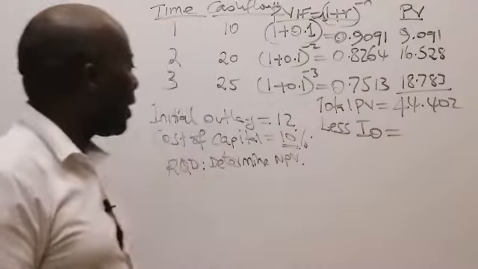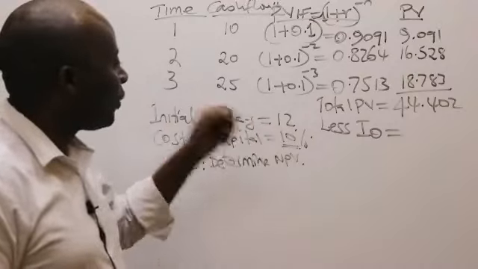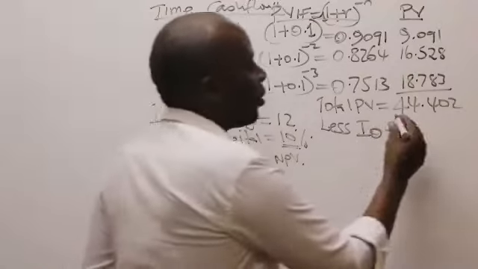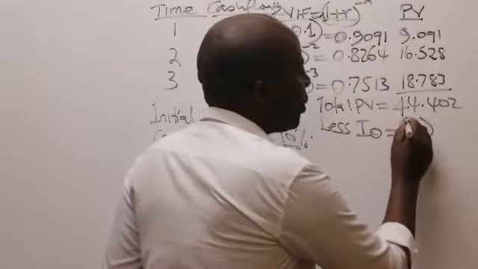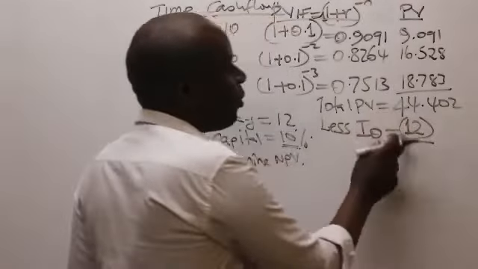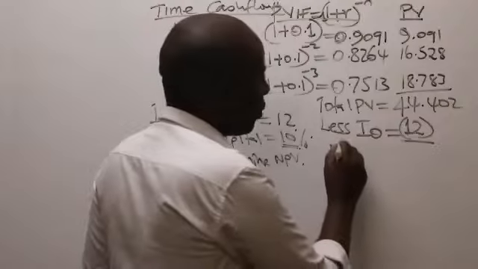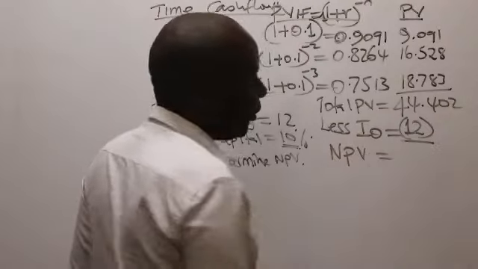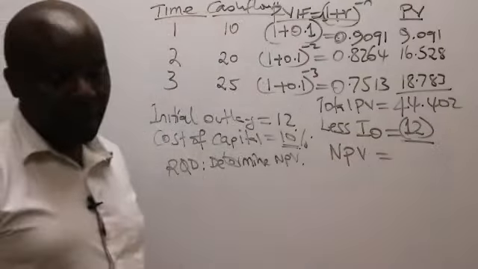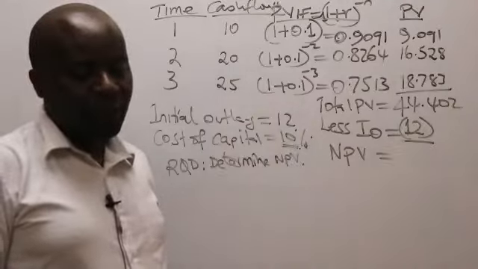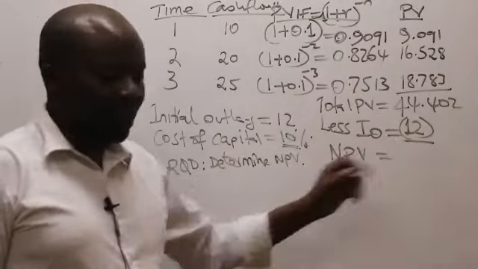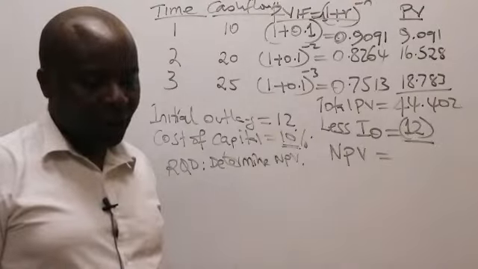The cost of the project is 12. So please go ahead and deduct this. So 44 minus 12 will give you the net present value. Which figure do you get at the end of the day?